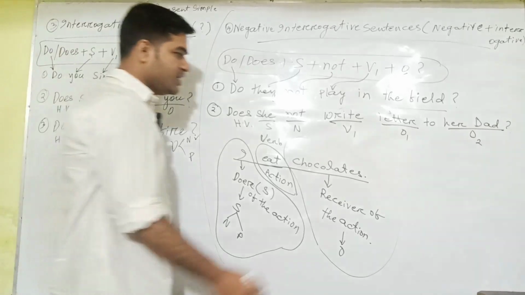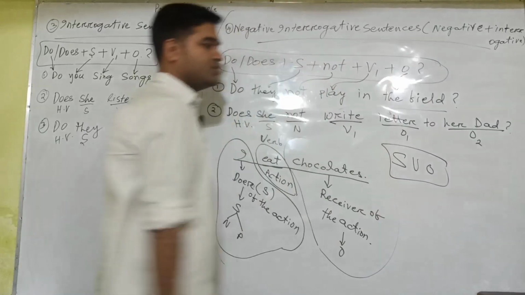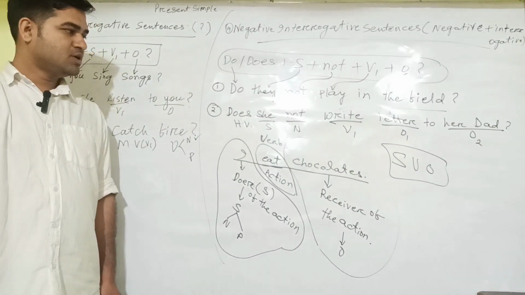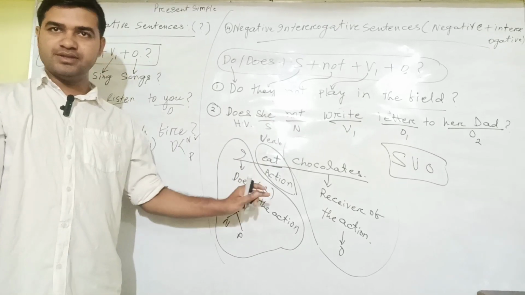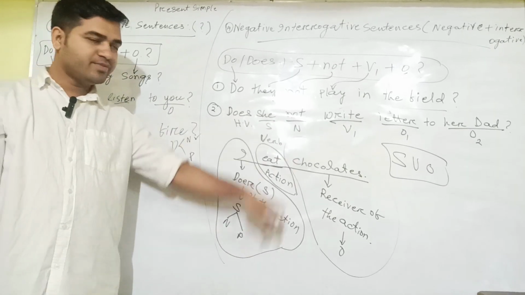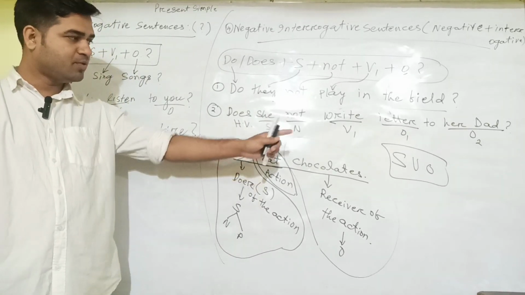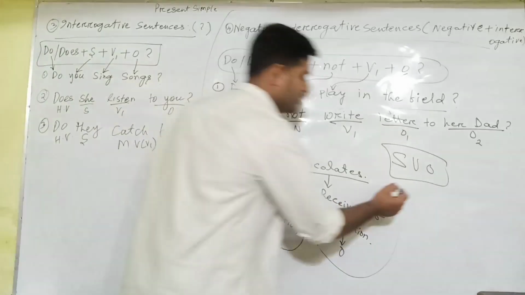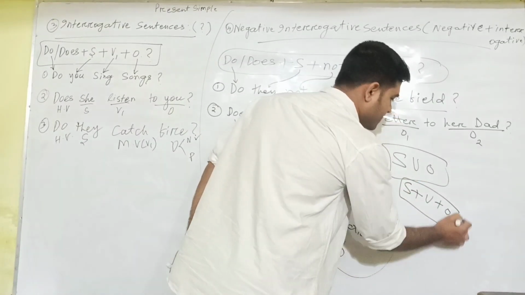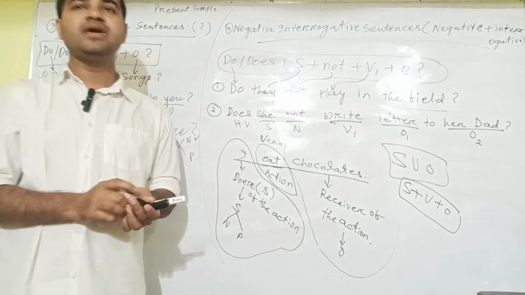We need at least these three things to make a sentence: subject, verb, object. Subject is the doer of the action, object is the receiver of the action, and action is the verb. So subject, verb, object. We need these three basic things to make a meaningful sentence.